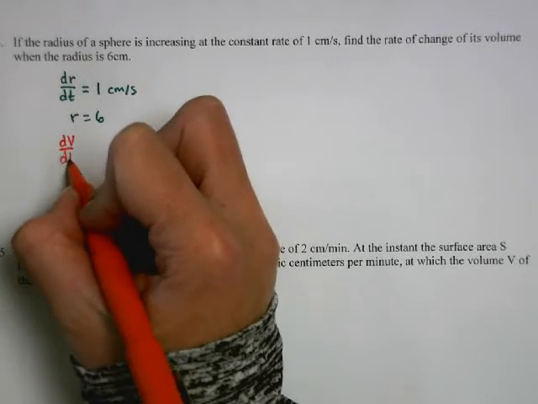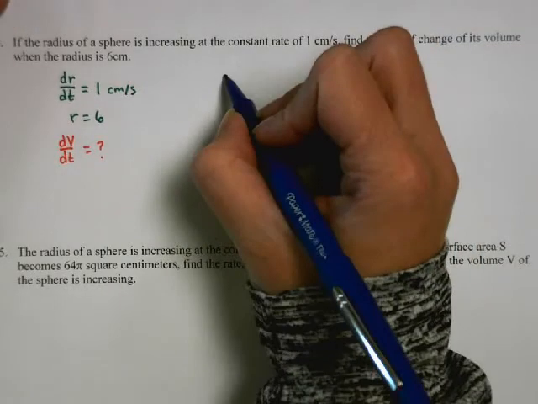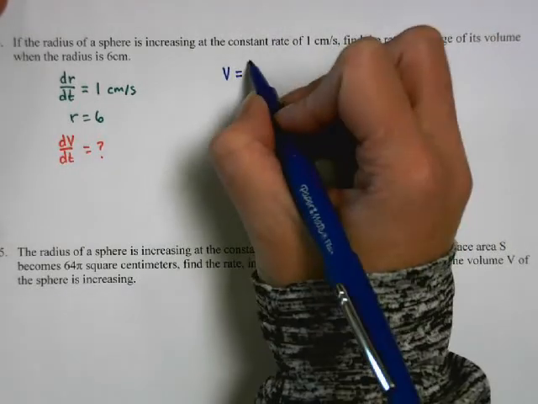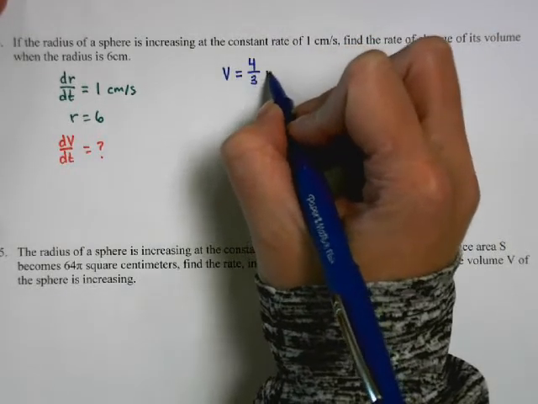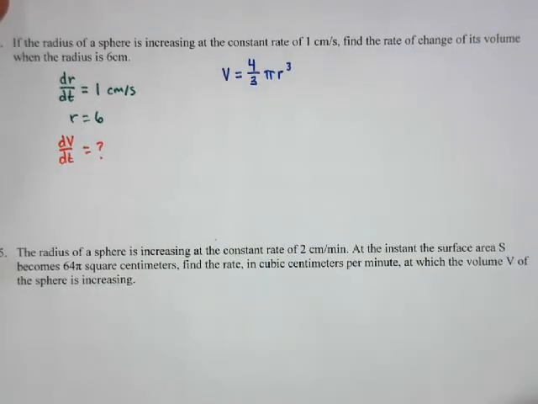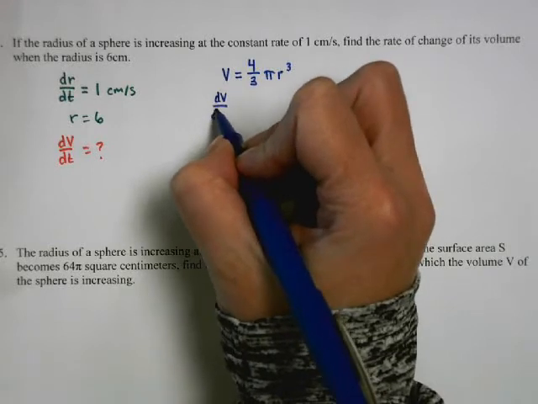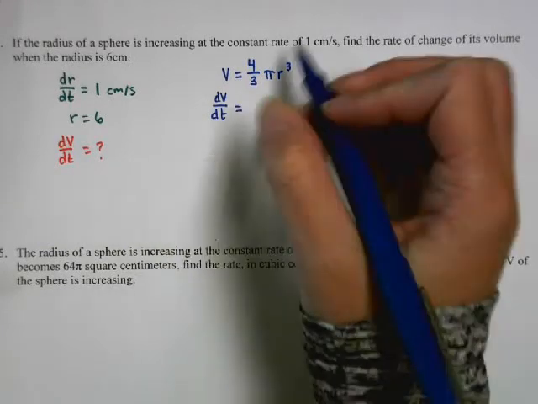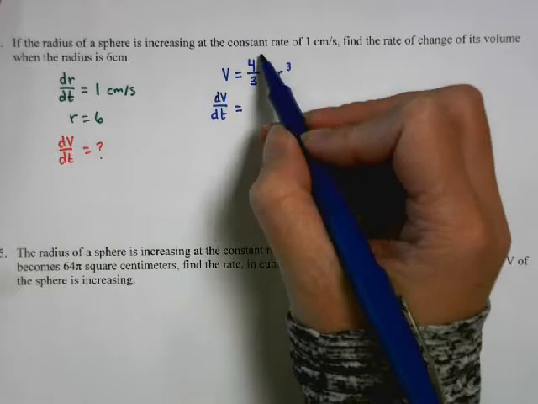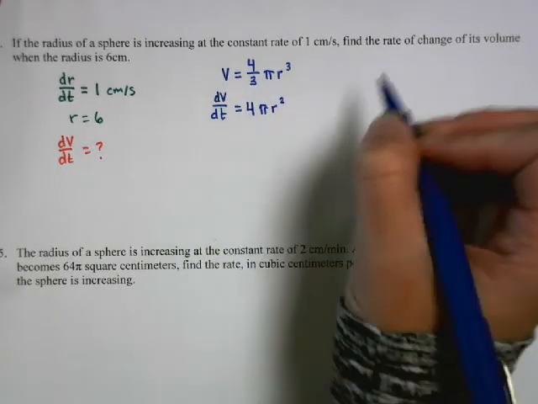So then we have an equation that relates these variables. So the volume of a sphere is 4/3 pi r cubed. Then we'll take the derivative. So dv dt is going to equal, using the power rule, 3 times 4/3 is 4, pi r squared times dr dt.